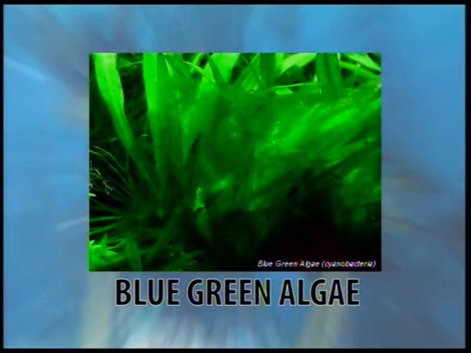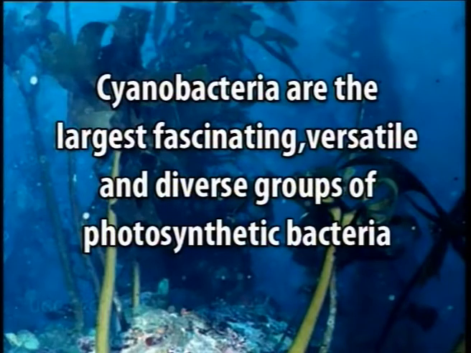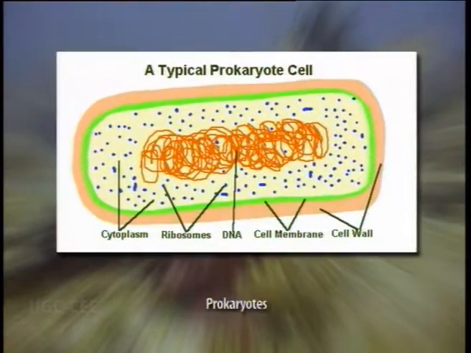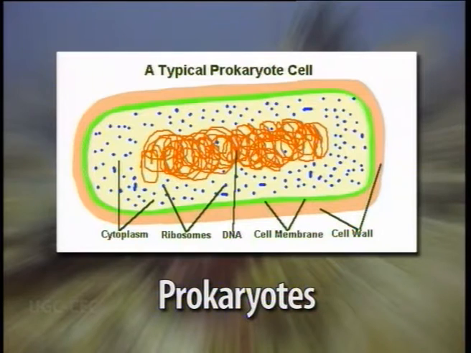Let me first tell you what cyanobacteria are. Cyanobacteria, commonly referred to as blue-green algae, are the largest and one of the most fascinating, versatile and diverse groups of photosynthetic bacteria that are prokaryotic and often unicellular, though some of them can be found in colonial and filamentous forms as well.